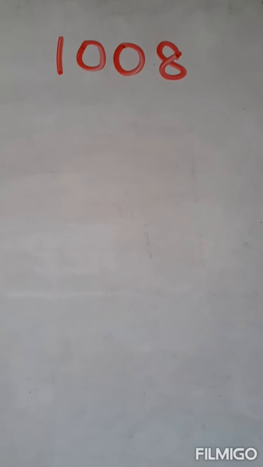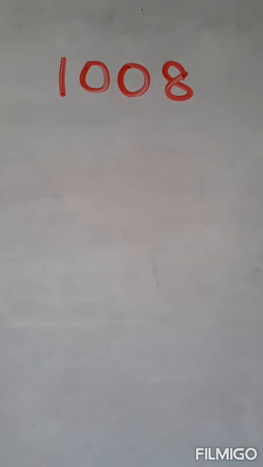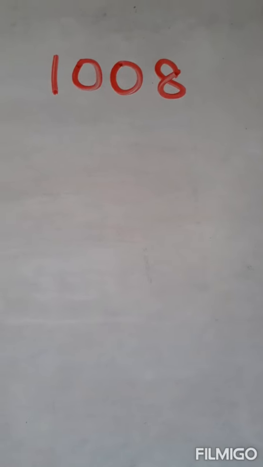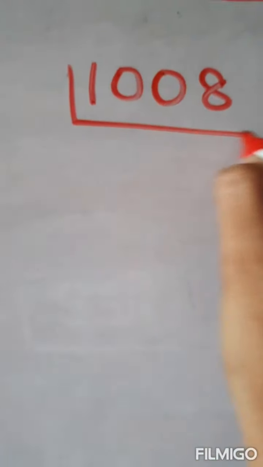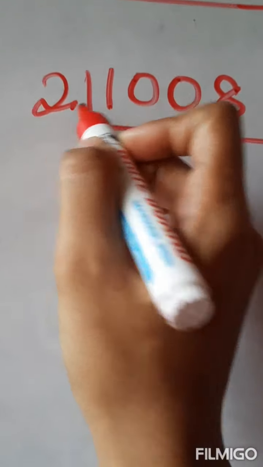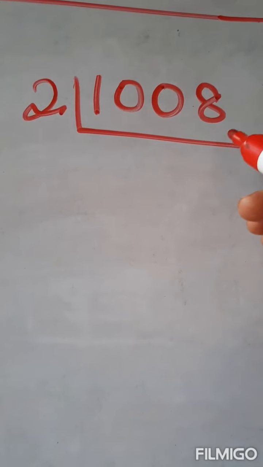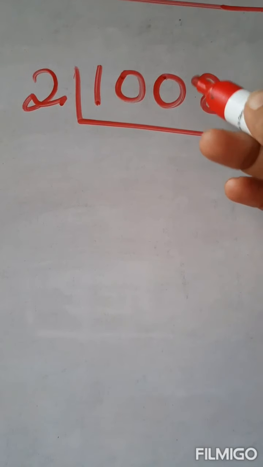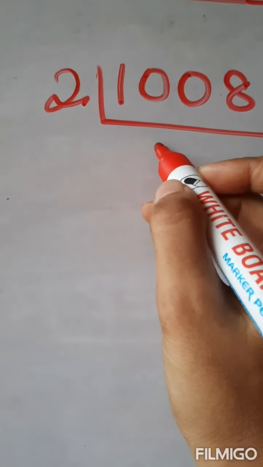In this sum, it is asked what is the least number that should be multiplied with this number to make it a perfect square. For this we have to find out the factors. It is an even number. It is not a square number. It can be understood by the units place, because no square number ends with 8.